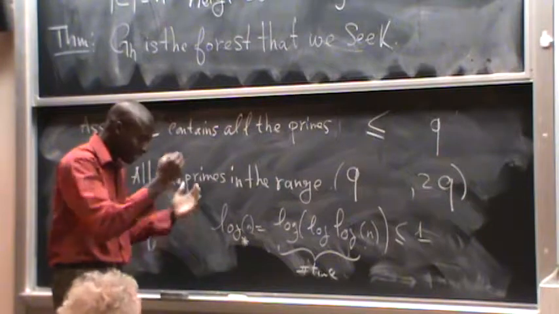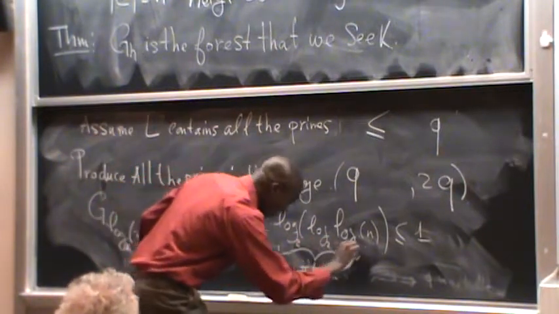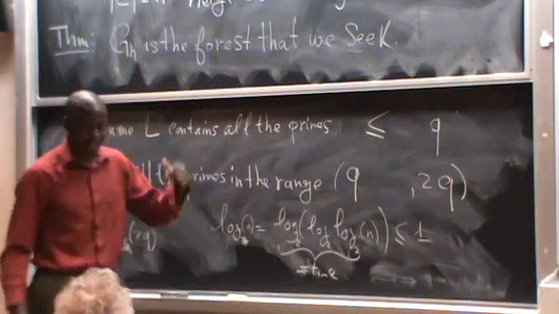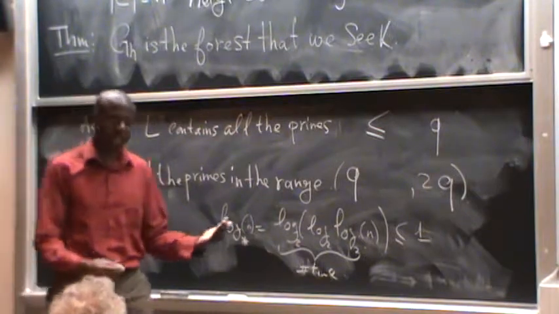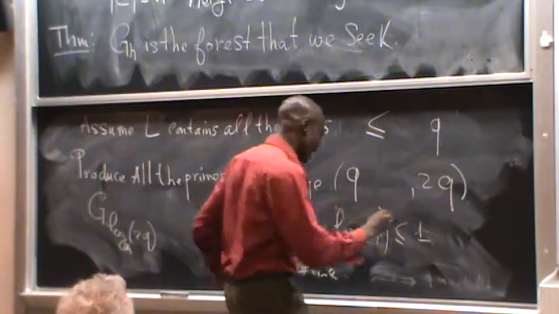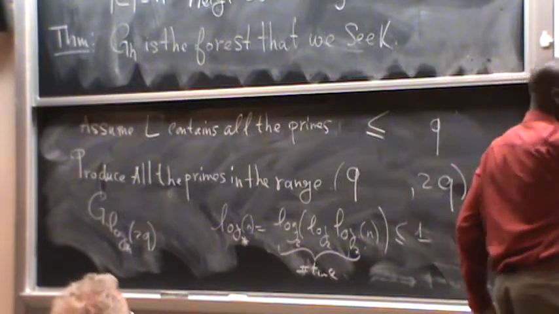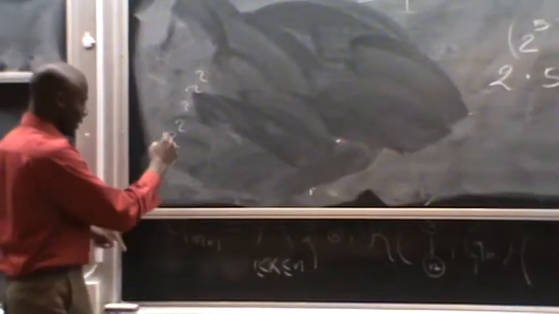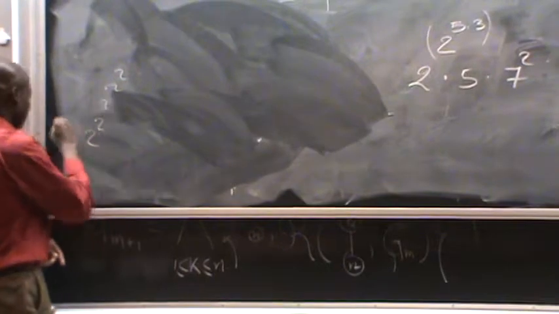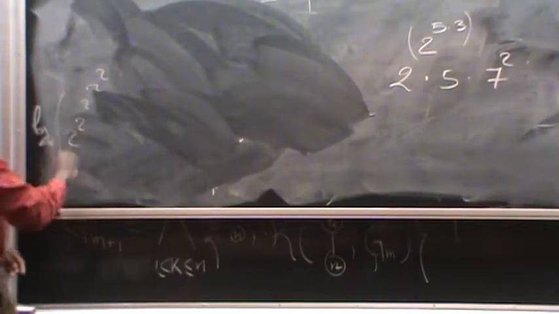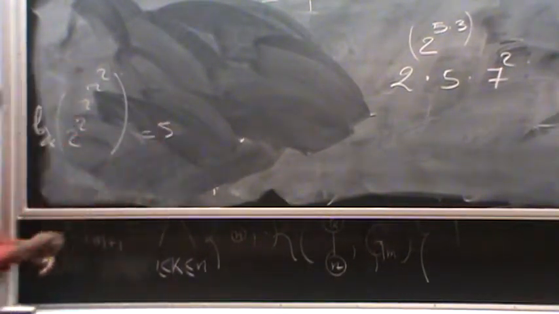Okay, so I like to think of this as log star base 2. So essentially you're doing log until you get a number that's smaller than 1. And it essentially counts how big this tower is. So 2 to the power 2 to the power 2 to the power 2. Log star of this is going to give me 1, 2, 3, 4, 5. So log star of this is going to be 5.